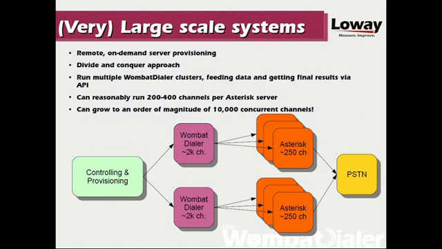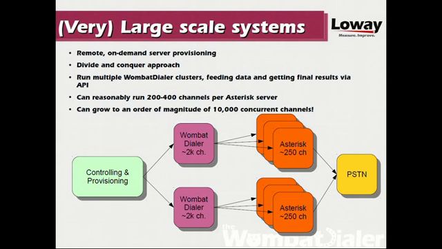This leads to a number of scenarios that we have been developing during the last year or so. That means that Wombat is becoming a building block of larger systems that are able to originate a huge number of parallel channels. You can have provisioning on demand of both the Asterisk boxes and Wombat.